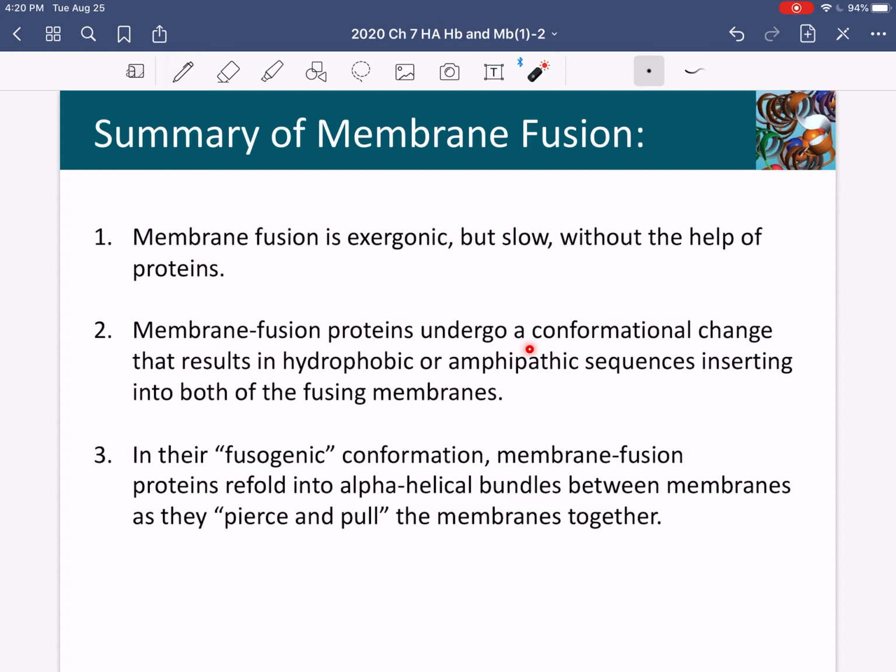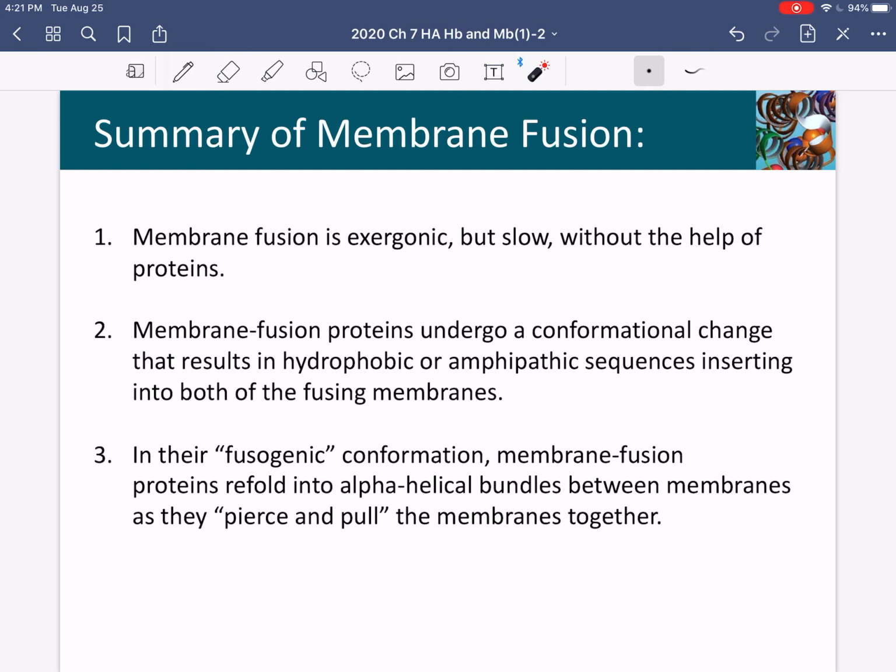The membrane fusion proteins undergo a conformational change that results in hydrophobic or amphipathic sequences inserting into both of the fusing membranes. And we'll see this again when we talk about membrane biology and biochemistry in chapter 9. We'll see that in the cell, the transport proteins that move transport vesicles from one compartment in the cell to another also use this strategy to fuse those transport vesicles to their target compartment.